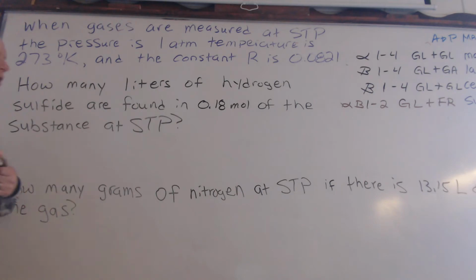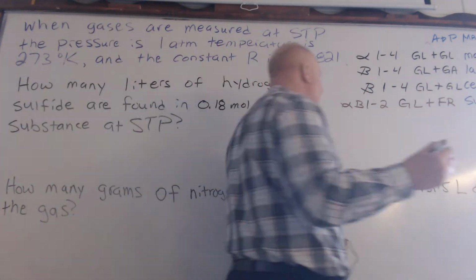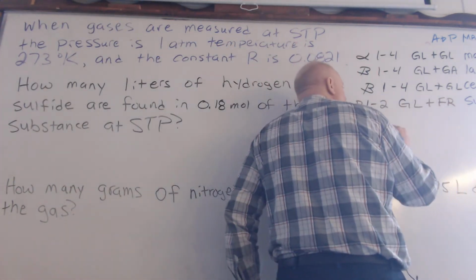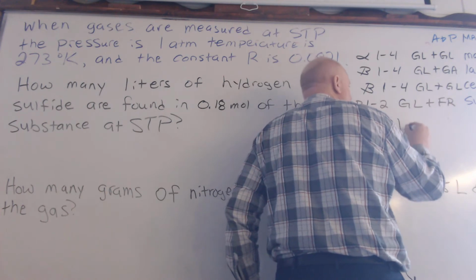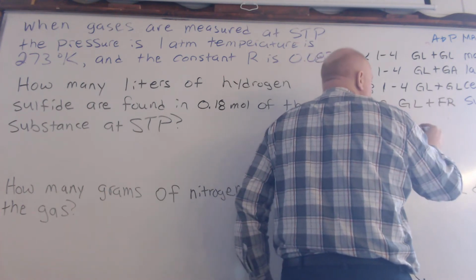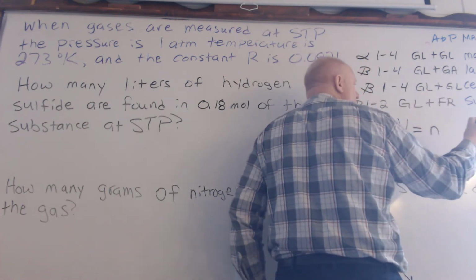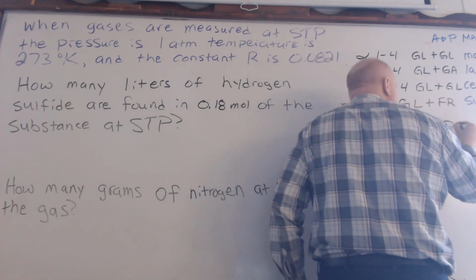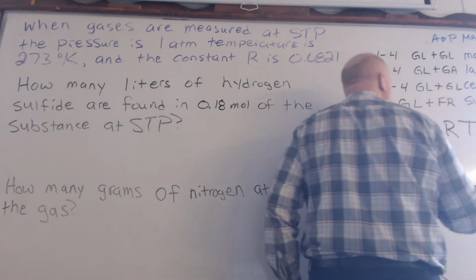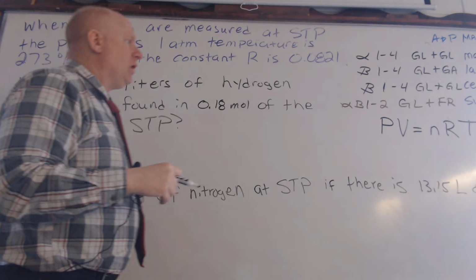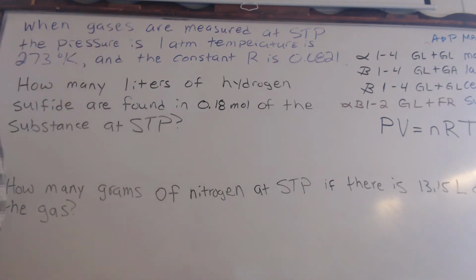In other words, it's what we call the ideal gas law. Okay? So pressure times volume equals N, the number of moles, times this constant times a temperature. So like last chapter, you had Boyle's law, Charles's law, and the combined gas law.